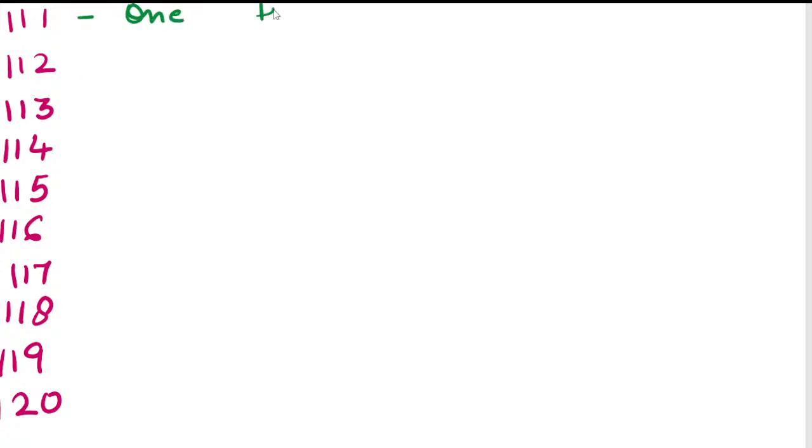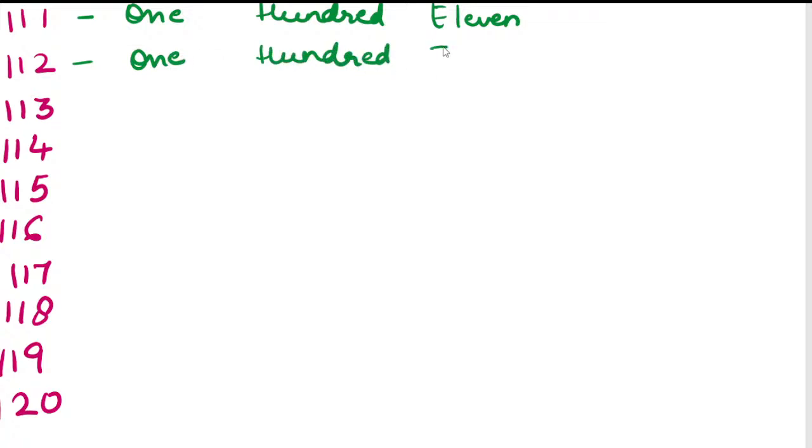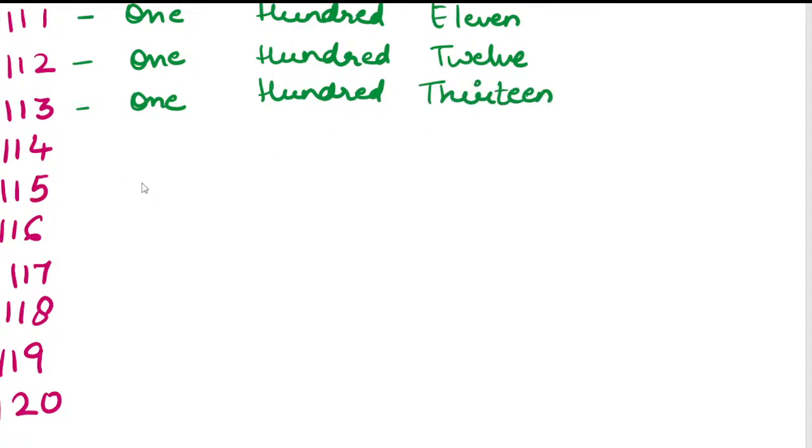ONE HUNDRED 100, 11 ELEVEN, 112: ONE HUNDRED 100, 12 TWELVE, 113: ONE HUNDRED 100, 13 THIRTEEN. Now 114: ONE HUNDRED 100, 14 FOURTEEN.